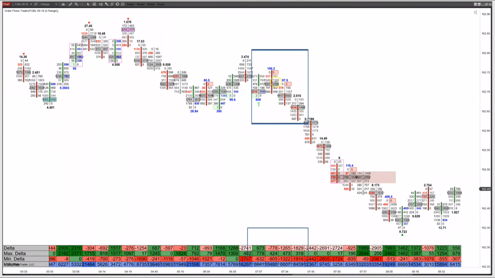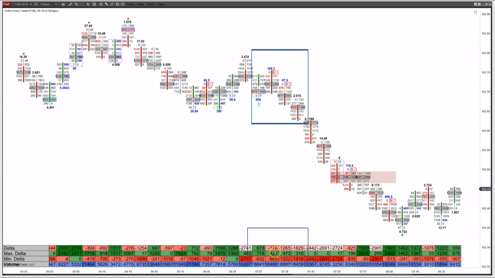People that have excess inventory are thinking, I don't want to be holding this because it doesn't look like we're going anywhere soon. We're not going higher. I've got to start dumping it. And they start selling it a little bit more aggressively in each bar. Subsequent bars get more aggressive, and you can see how the market sells off again.